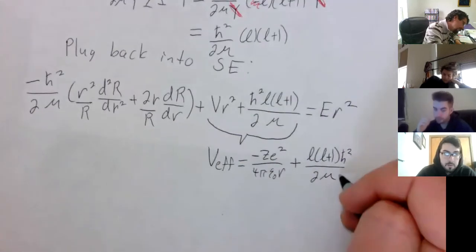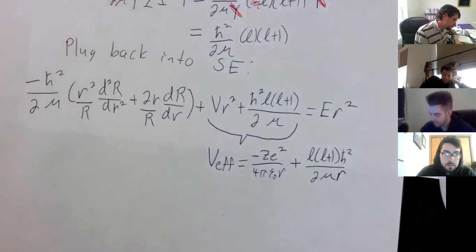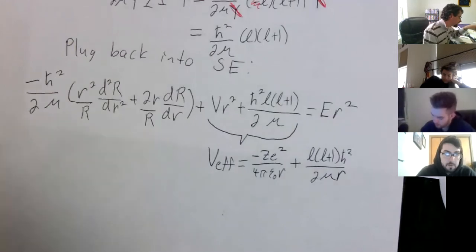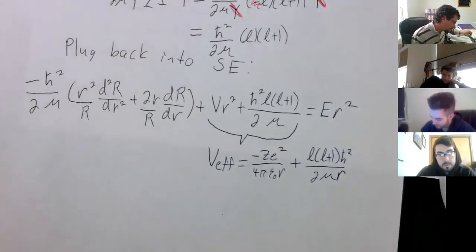Wouldn't that cancel the bottom? There should be an r here also. So where does that come into play? Not too sure. It comes apart somewhere, not too sure where.